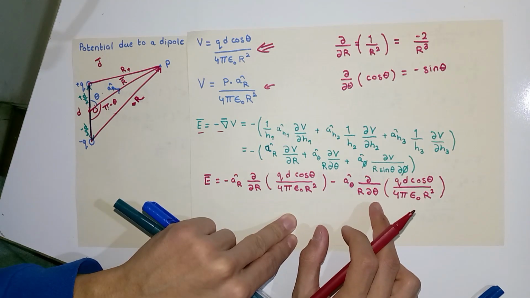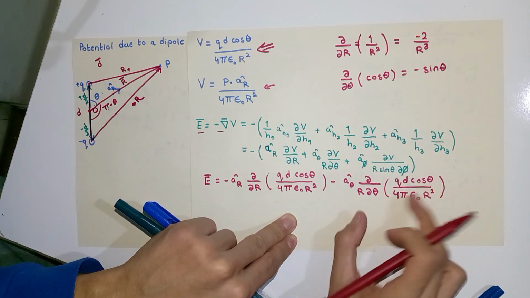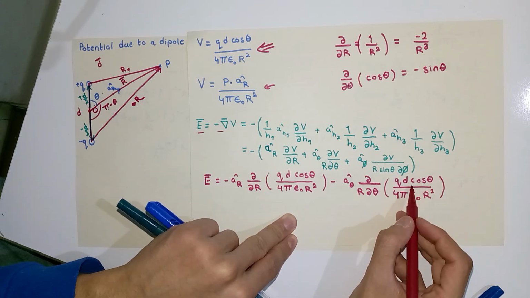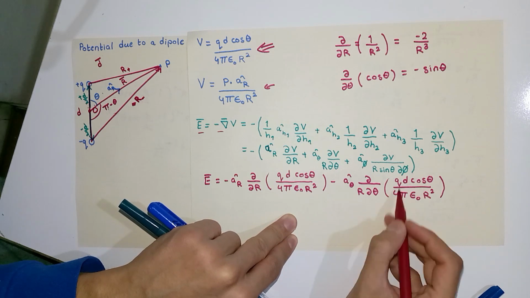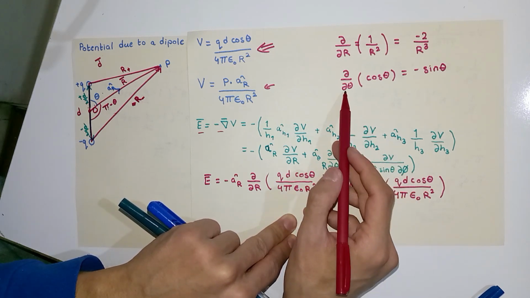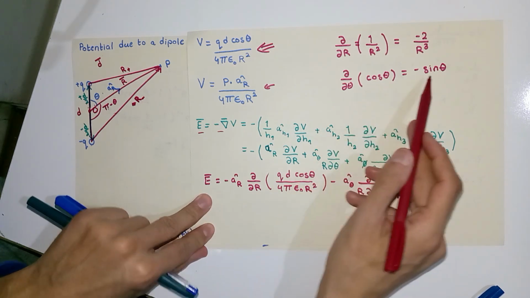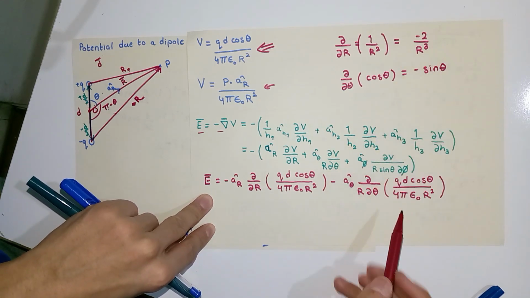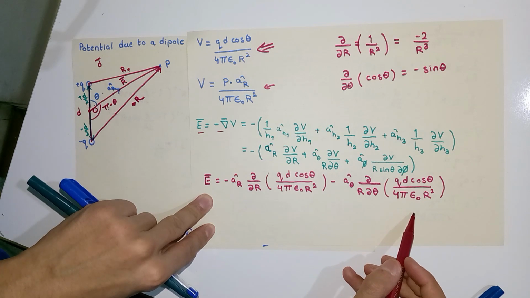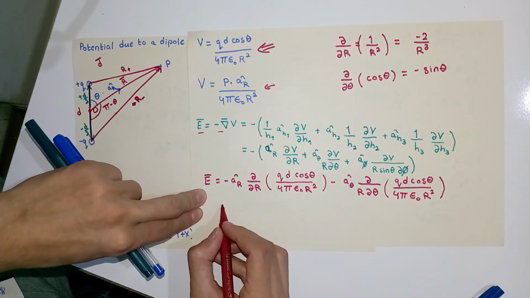We are going to take the derivative with respect to theta. Cosine theta is the only thing that will interfere with the derivative, and the others are constants. And we know that the derivative of cosine theta is minus sine theta. Now let's substitute these new variations into this equation, and let's rewrite it now.